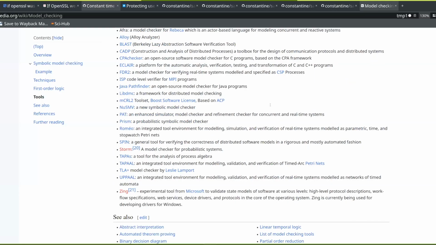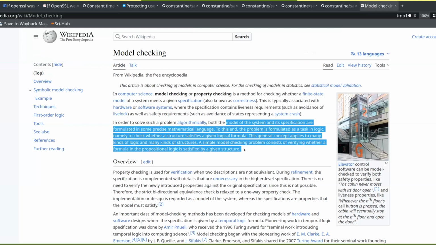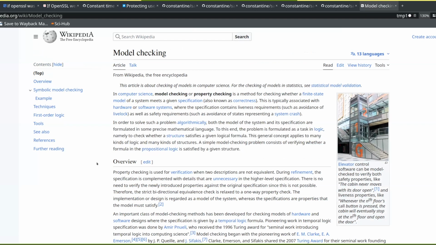So model checking is you want to make sure that everything is checked. So all the states are correct, and there are correct transitions for everything. This is used for checking multi-threading, like concurrent data structures, for example.